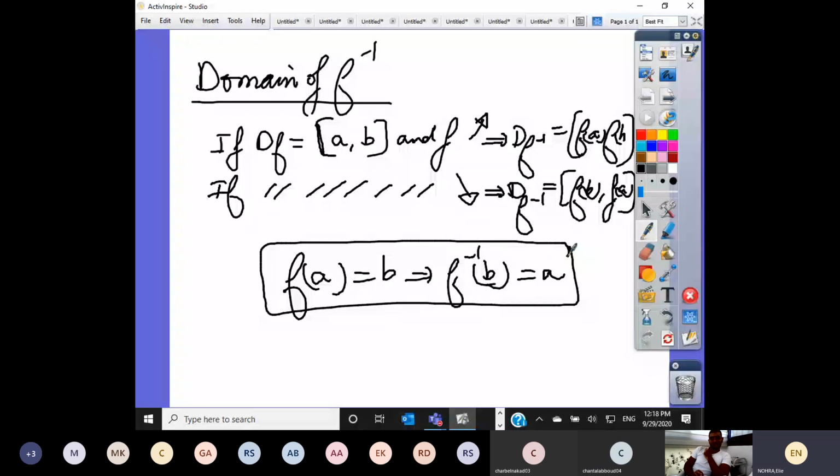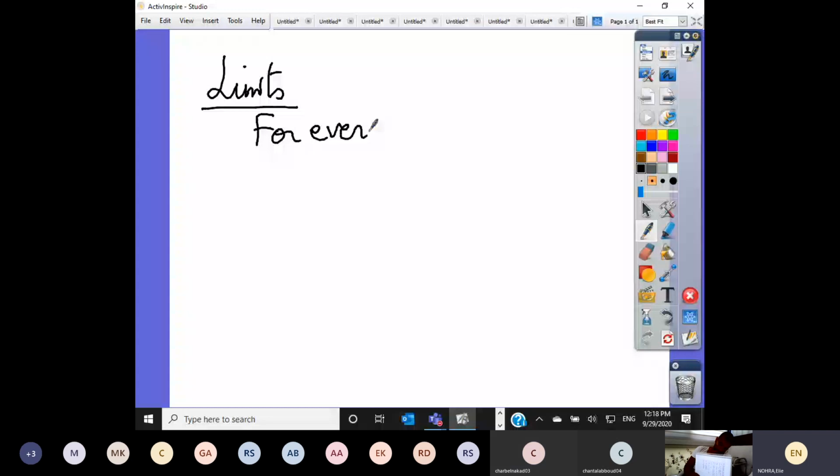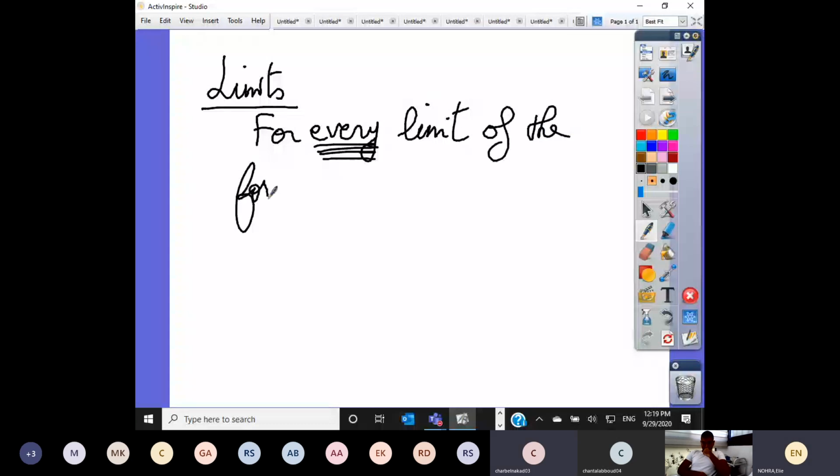Then we can assure now, we can write for the limits: for every limit of the form limit of f of x when x tends to a gives b, what do we have in your opinion?